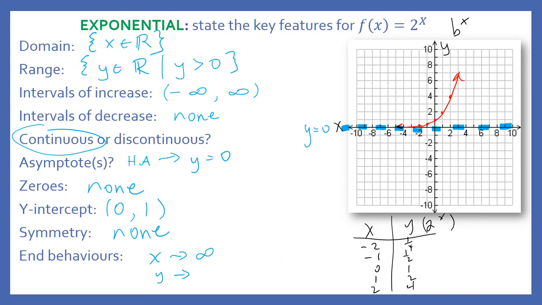So as x goes to infinity, as my graph goes to the right, y is getting higher and higher, goes to infinity. As x goes to negative infinity, so as I go left, my graph is getting closer and closer to 0. So as x goes to negative infinity, y goes to 0. Max or min? There is none.